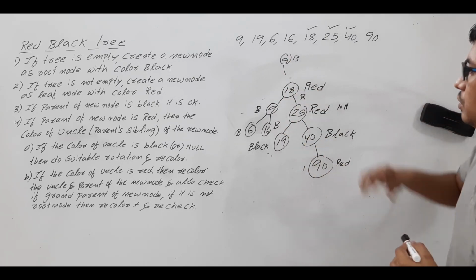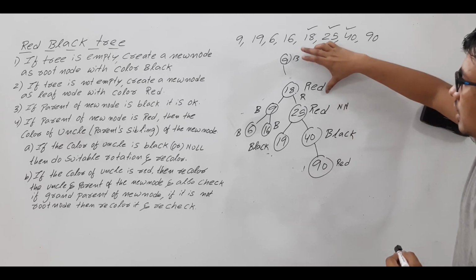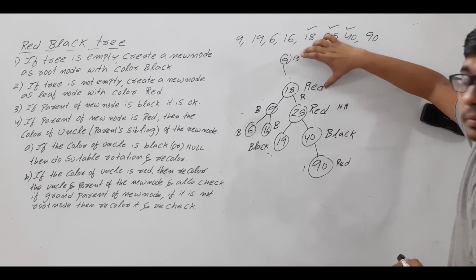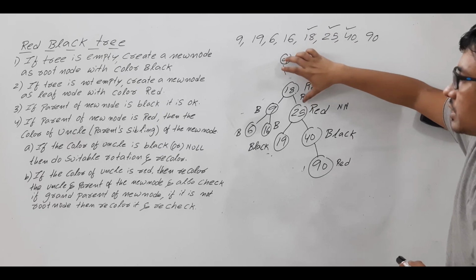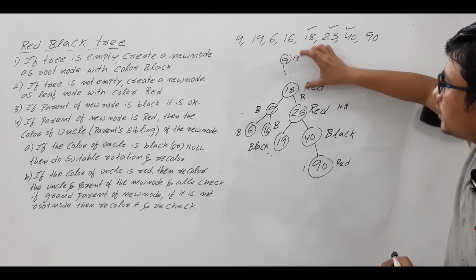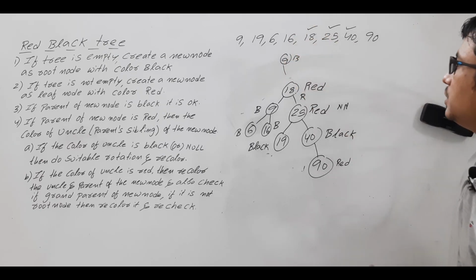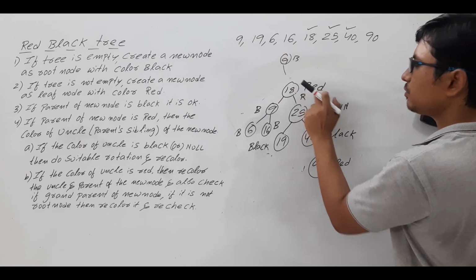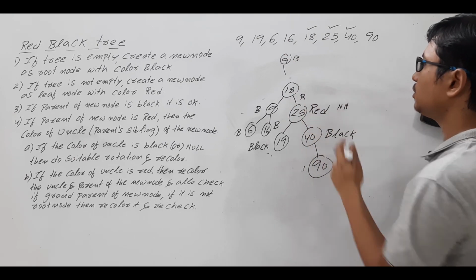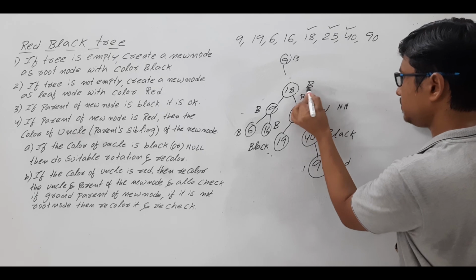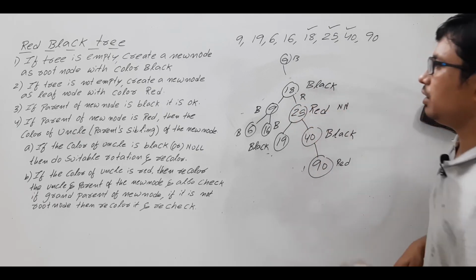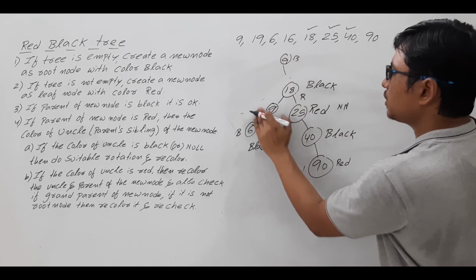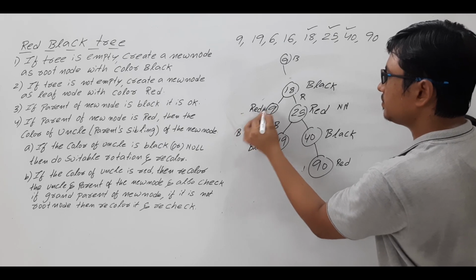Now you need to do the recolor for these two nodes. Is it clear? Finally, after the rotation, you need to look at the top two. Then you need to recolor them. Here it was red, now you need to make it black. Okay, now 9 was black, you need to make it red.